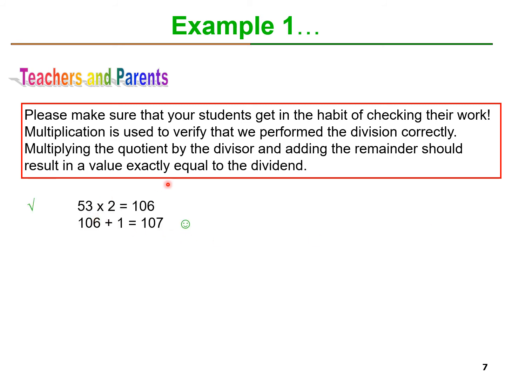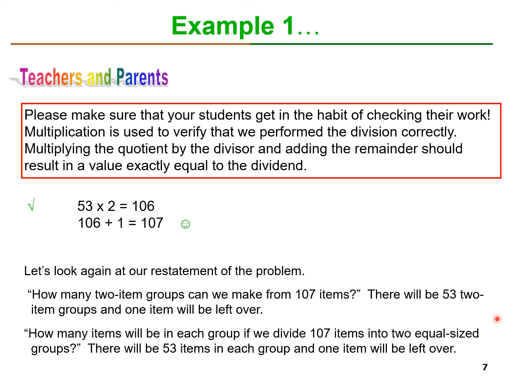In example 1, we had in the quotient 53, and the divisor we had 2. 53 times 2 is 106, and then to that we add the remainder. 106 plus 1 is 107.